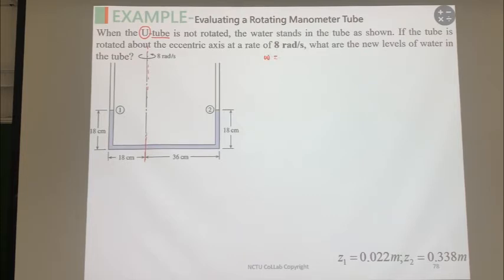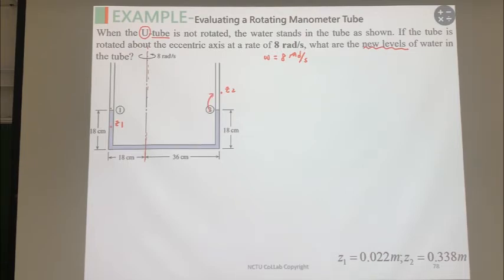First we have the angular speed in radians per second, and they require you to answer the new levels of the water in the tube. So after rotation, how does the Z1 elevation change? And maybe the elevation will change to Z2. So 1 and 2 are the initial points.